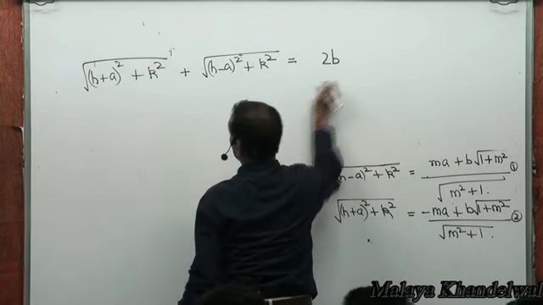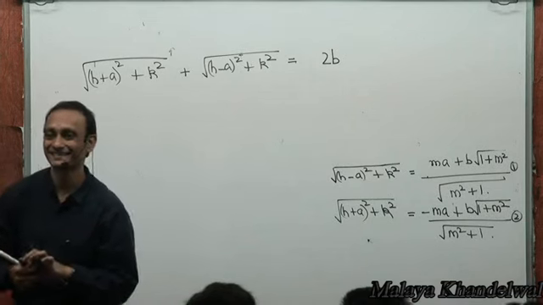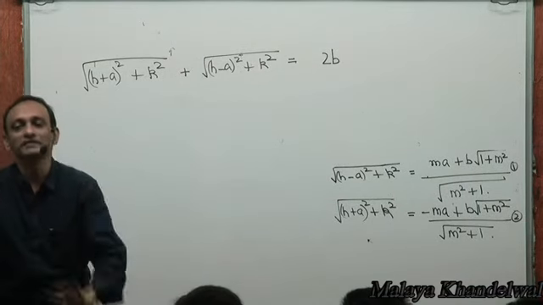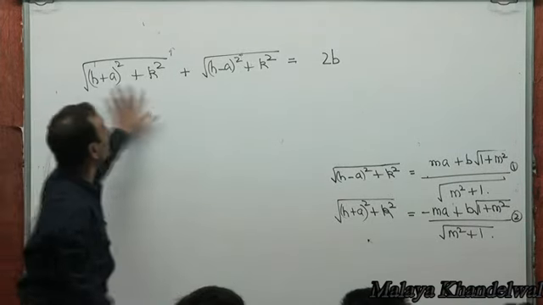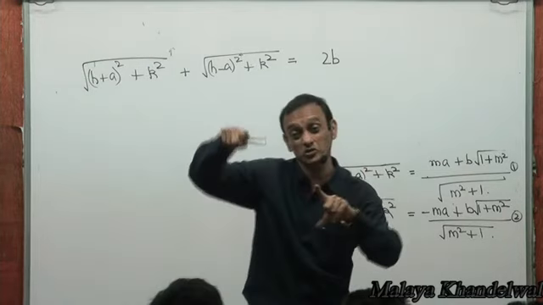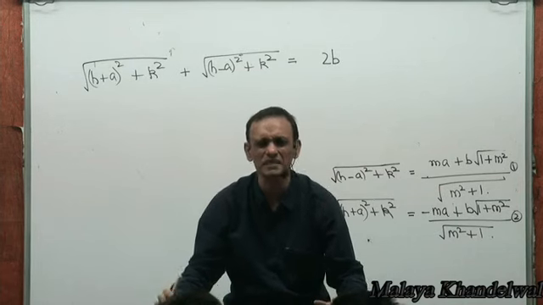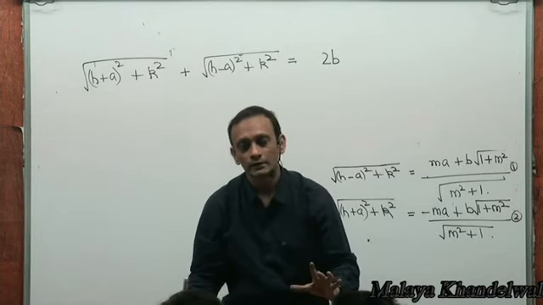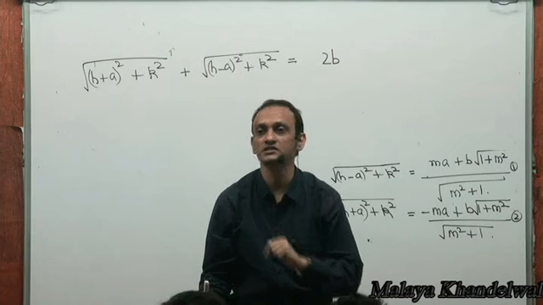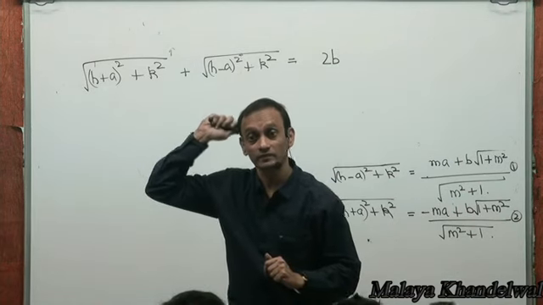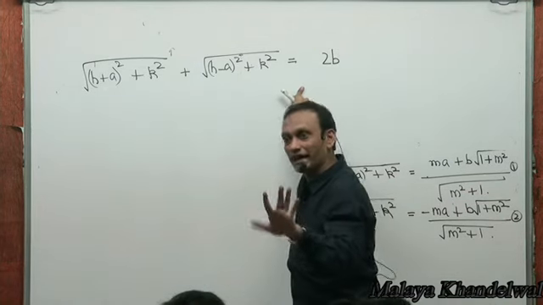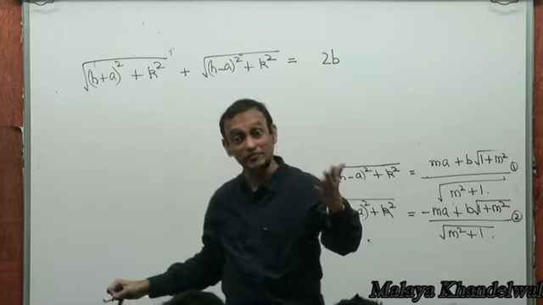I can simplify this by squaring this, but then I'll have to square one more time because it'll be dirty, filthy, ugly. I don't want to get into that mess. Let's be a little smarter in simplifying this. Okay, this we understand. I've eliminated m. Now the process of simplification begins.